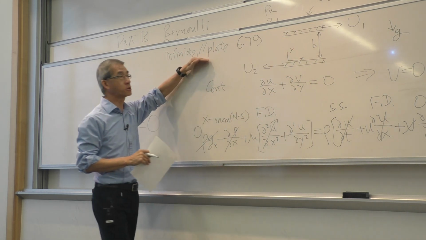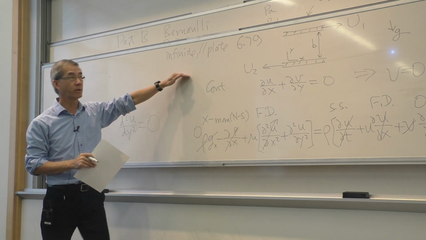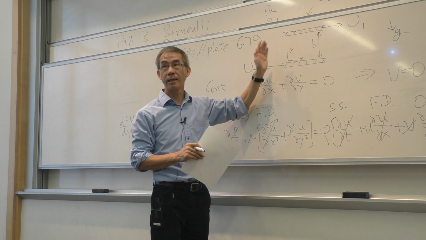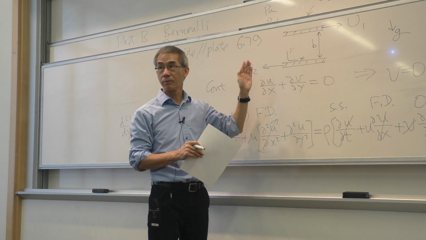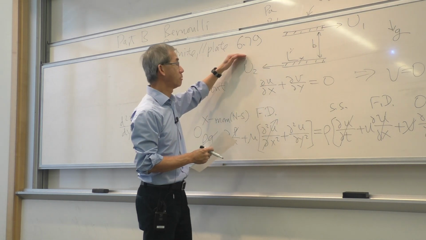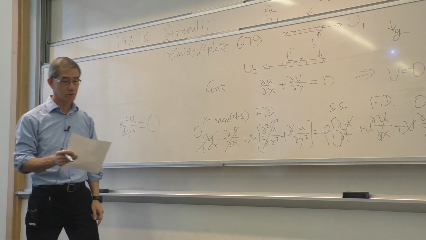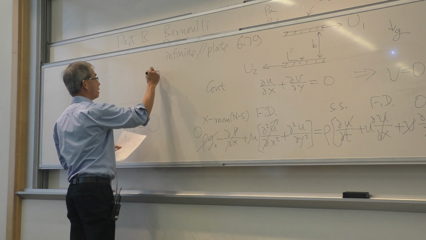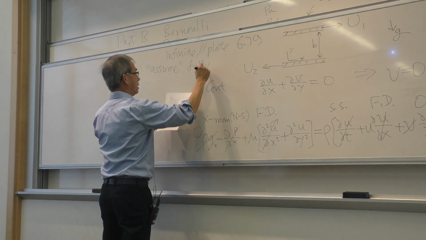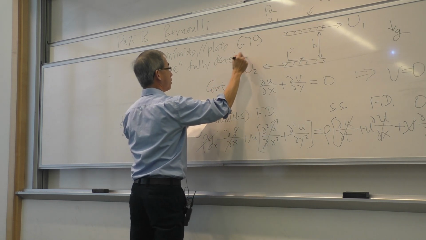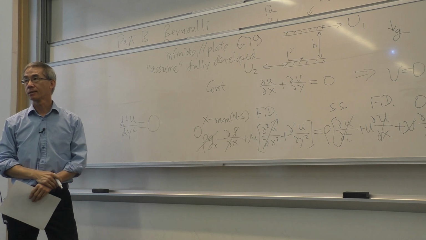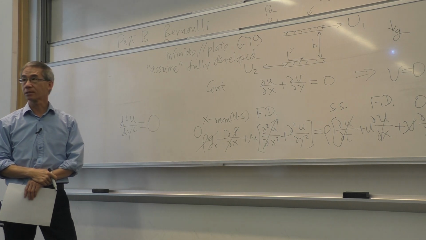Because of this condition of the problem, the only way that the flow can be established within this infinite plate is that it is not changing in any direction with respect to x, and hence it's fully developed. It's not clear, so in the lecture I made sure I mentioned that. It's a little bit presumptuous, but you should be able to, at this point, recognize that for an infinite plate, it is so big that it's not changing in the x direction.